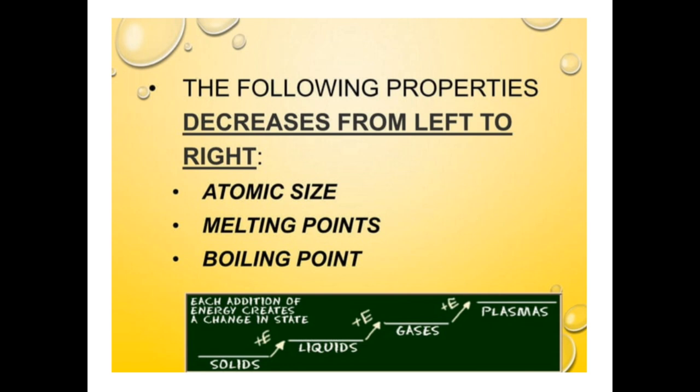As seen in carbon, for instance, with its allotropes, diamond has a very high melting and boiling point. But as you move from group 5 to 7, we have simple covalent compounds, and as such, they have low melting and boiling point.